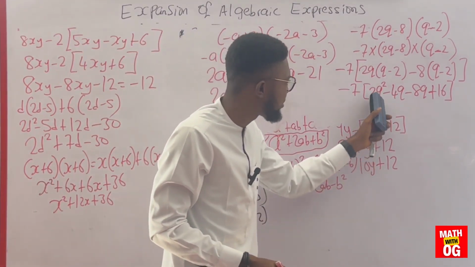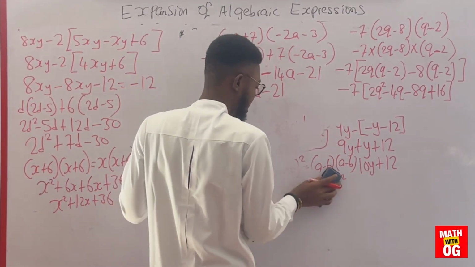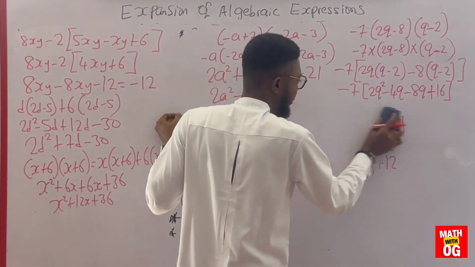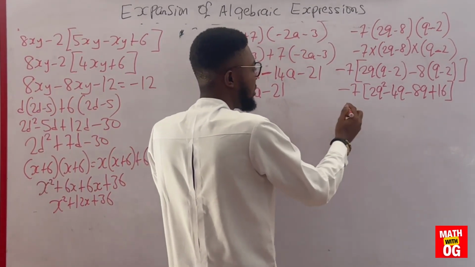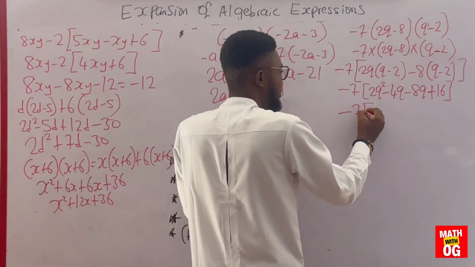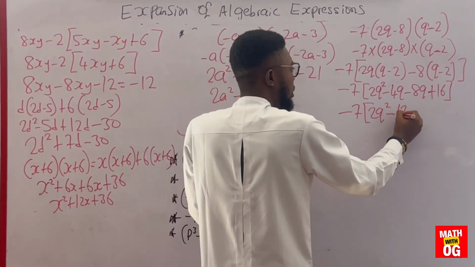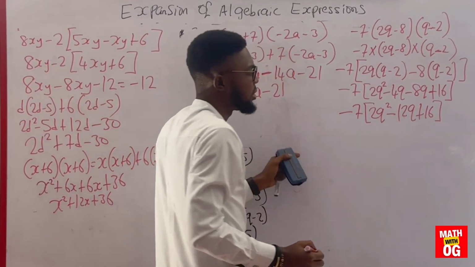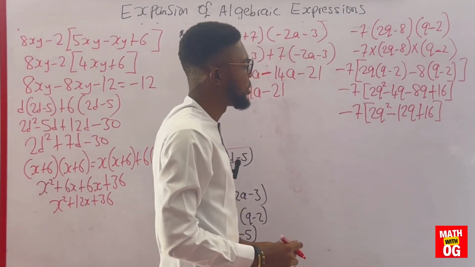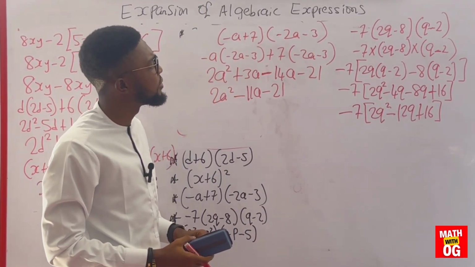Now you will observe that minus 4q minus 8q, they are like terms, so we can simplify that. If I simplify that, you have negative 7 into 2q squared minus 12q plus 16. Now there's nothing to simplify there, so let's open the bracket with negative 7.